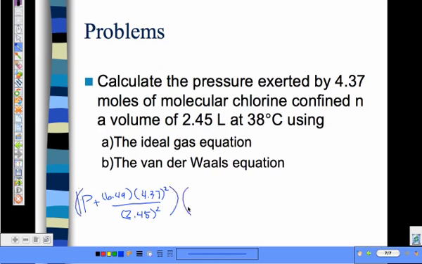I have the ideal gas? Yeah, I'll calculate it here just a second. 2.45, 0.0562, n.